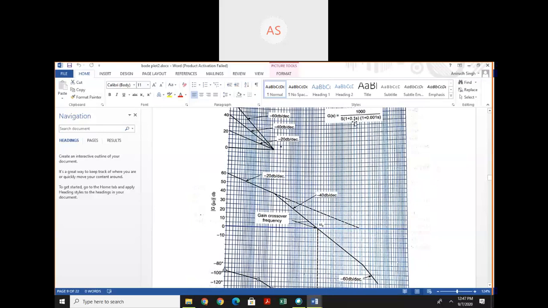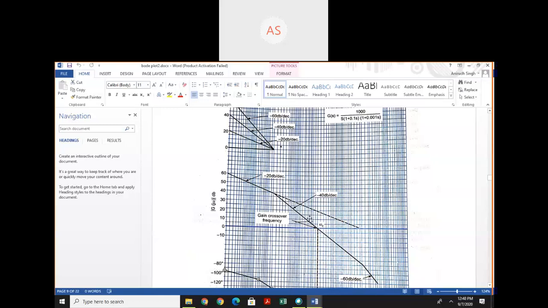After the first corner frequency, this pole is activated, so there is a minus 40 dB per decade line. There is a change of slope from minus 20 to minus 40 dB because the next pole is also activated after the corner frequency of 10 radians per second.